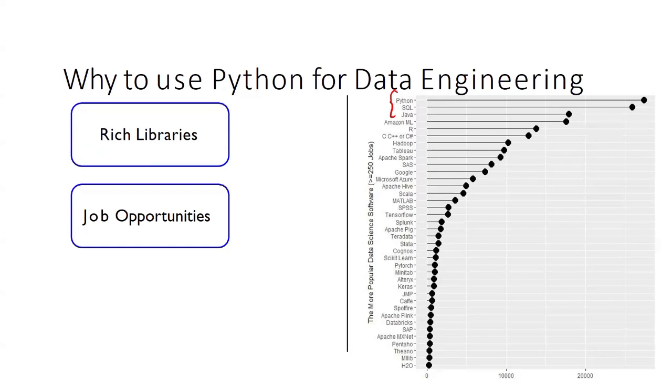Though we are here to learn data engineering, knowing one programming language is like always being on top. I keep telling this to all my other students as well. If you know one programming language, you're one step away from a layoff.